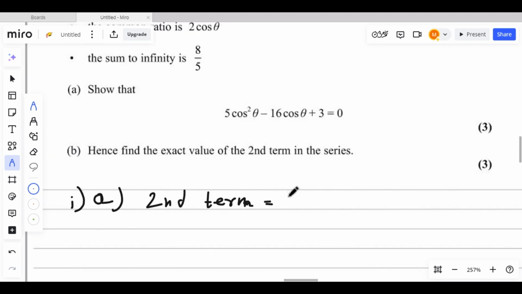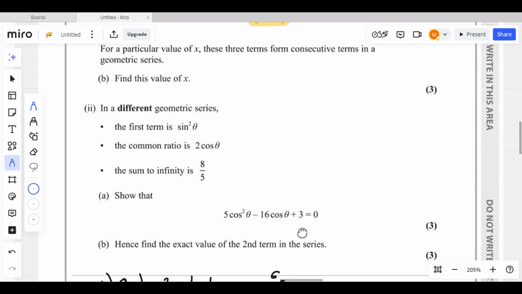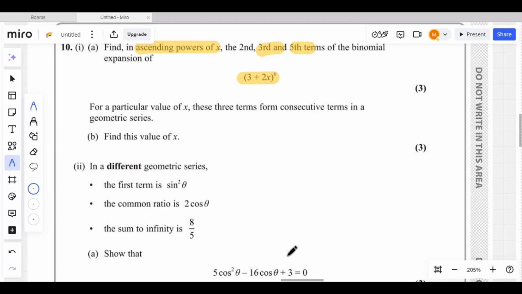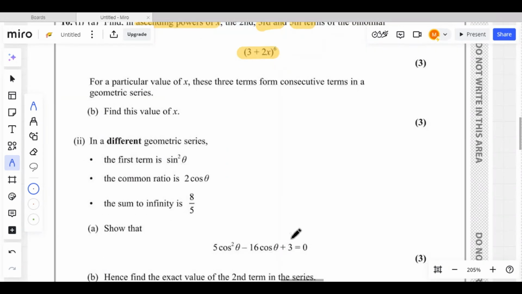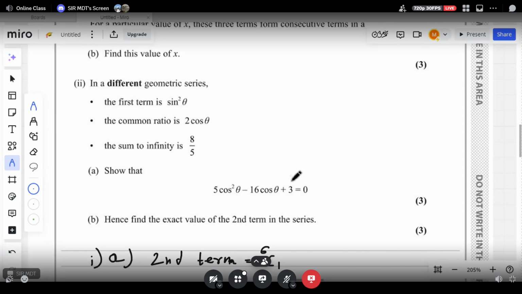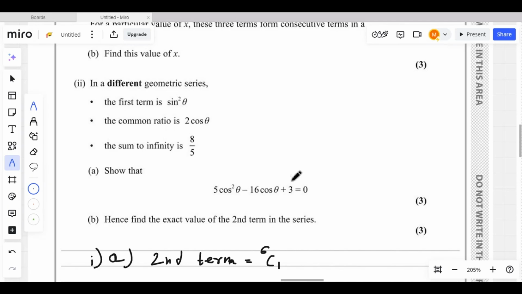we know what's the expansion? 6 choose r would be what for the second term? First term it's 0. For the second term it will be 1, right? So 3 plus 2x.